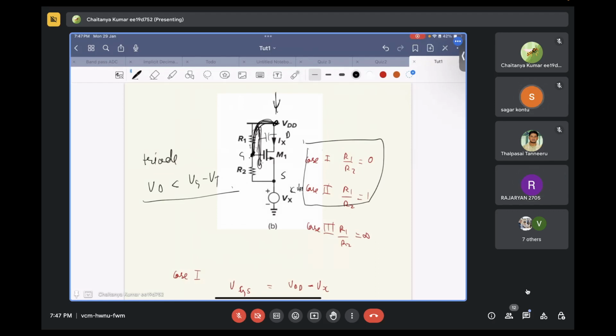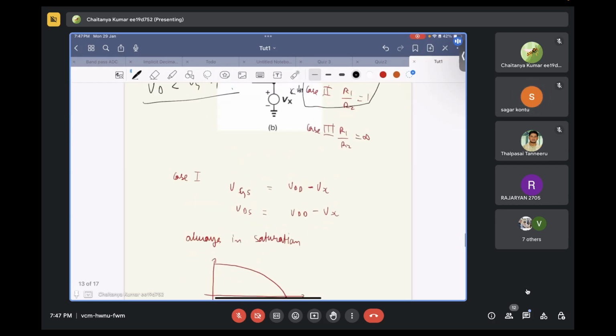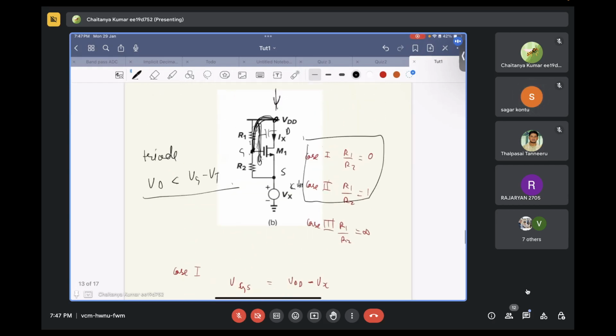Okay, so again, for case one, can you guys try to find out what will be your VGS? What will be the gate potential? VDD. Gate potential will be VDD. Source potential? Vx.